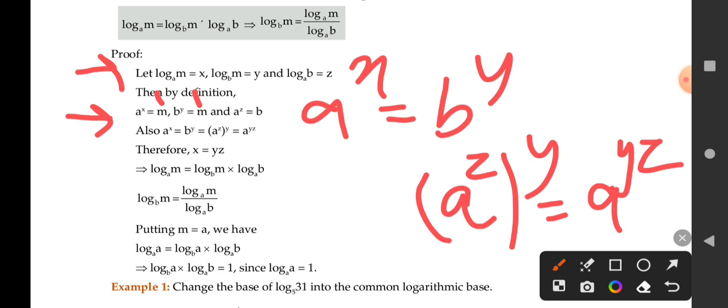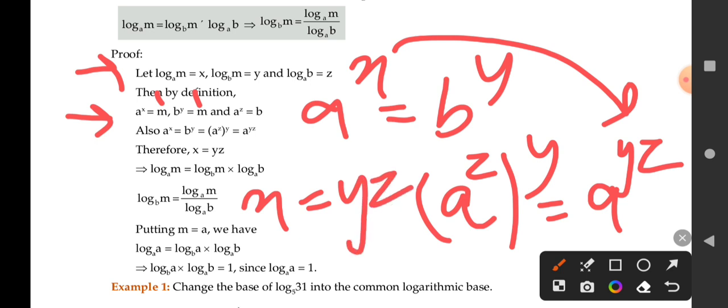Now these two are equal, so x is equal to y into z. So what is x? X is log m to the base a, y is log m to the base b, and z is log b to the base a. Hence proved.